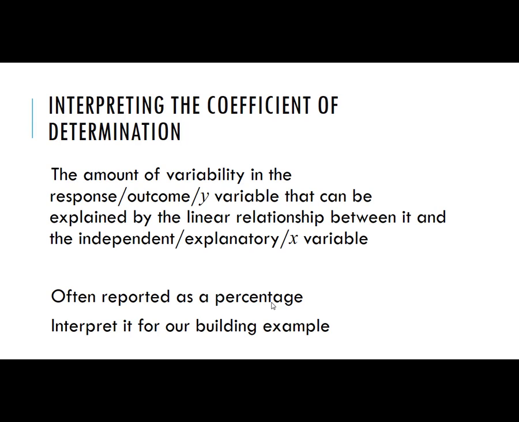So how do I interpret it? It's the amount of variability in the response or outcome, the y variable, that can be explained by the linear relationship between it and the independent or explanatory x variable. We often report it as a percentage, so in our building example, let's try to interpret it.